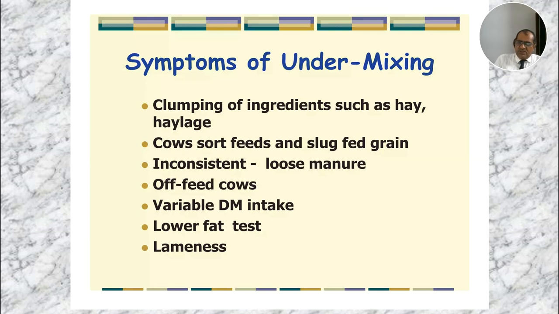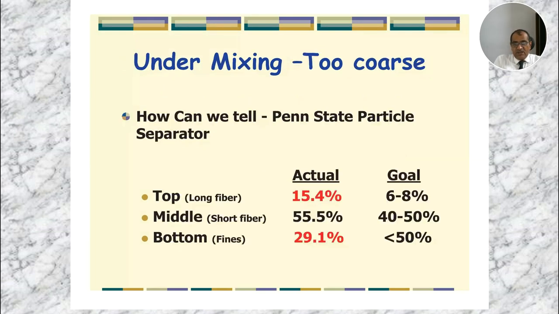Sometimes the cows go off feed because of indigestibility. Then there will be variable dry matter intake, or fluctuation. Low fat syndrome is another possibility of undermixing. Then sometimes because of laminitis, there may be lameness also.